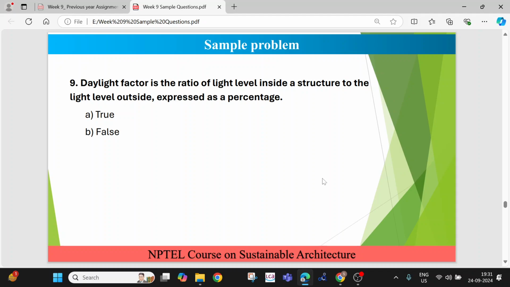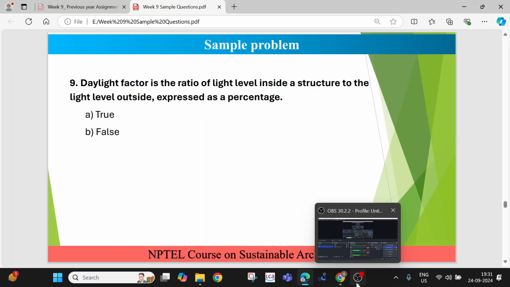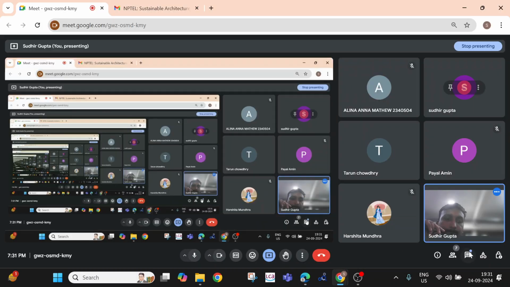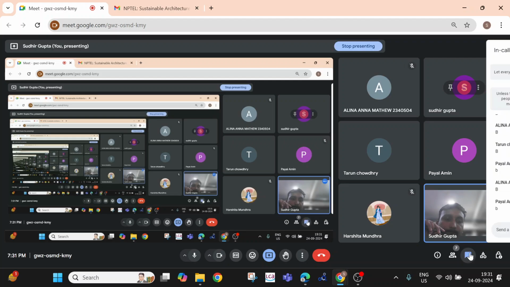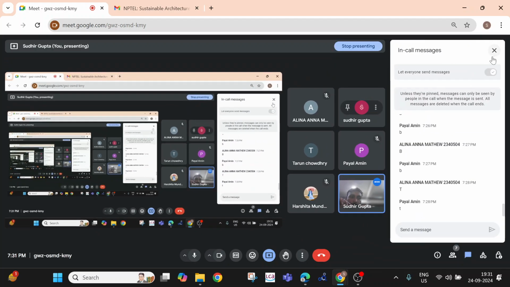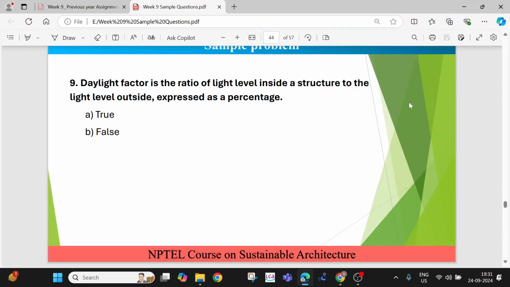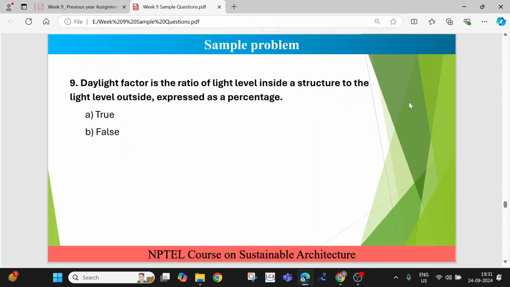Try to recall the definition of DF, daylight factor, and then answer this question. Two of you are saying true. Rest also try to give an answer.